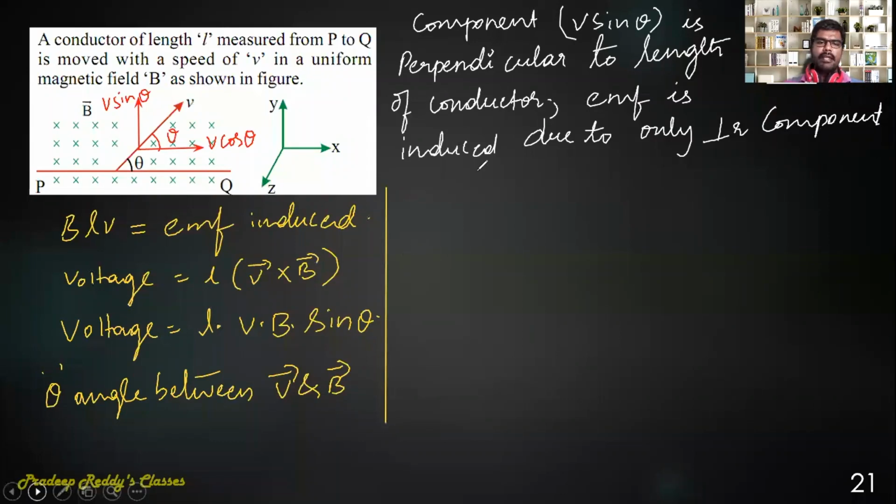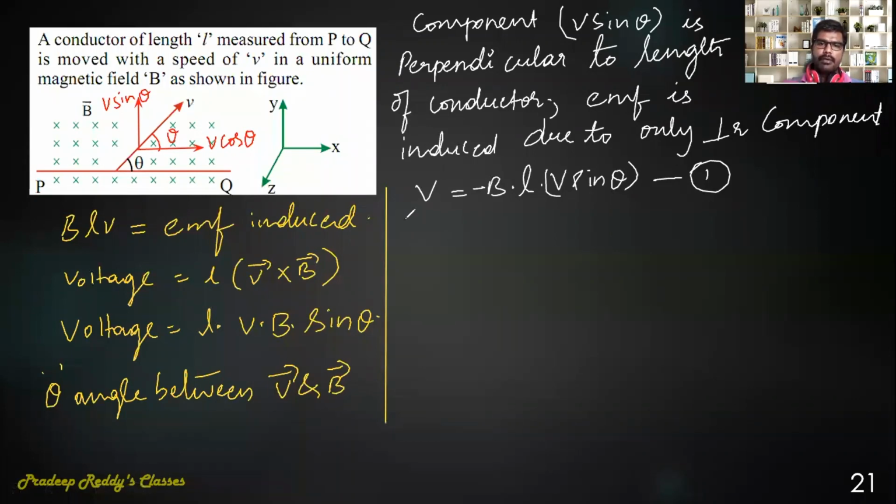That is the way you can directly write down BLV: voltage V is equal to B, the magnetic field, and L, the length of the conductor, and instead of V you will be writing V sin theta, which is the perpendicular component, and this is of course negative. This is equation 1.